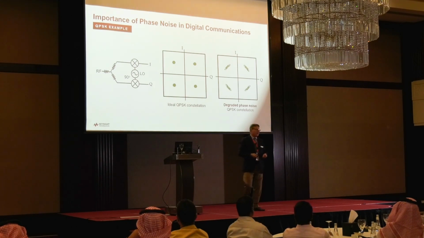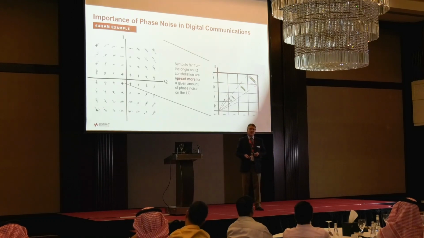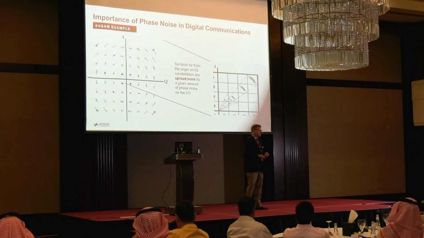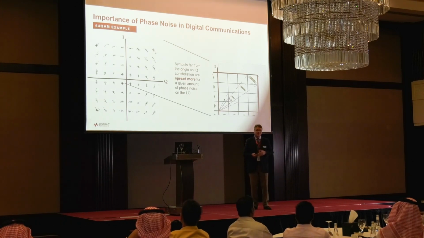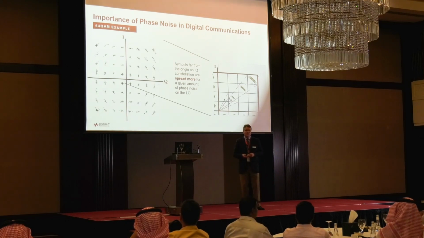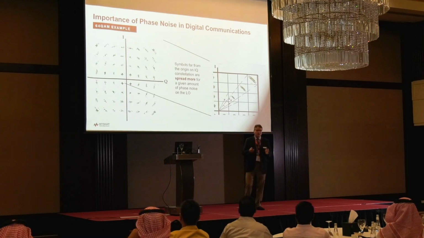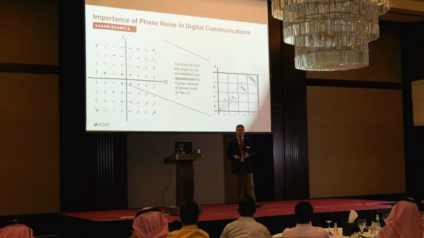And for a low order modulation like QAM, it may not necessarily be a big issue, but as you get to higher order modulation schemes that are typical in most modern communication systems, this is an example of a 64 QAM modulation, you start to see that as you get far away from the origin, that smearing effect can get pretty wide, and if it gets too wide, you'll get decision errors in the receiver, and the bits will be incorrectly received by the receiver.